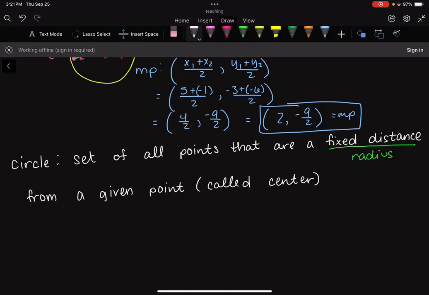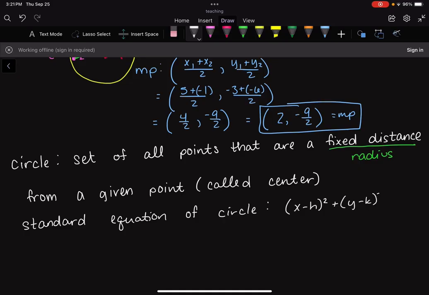So let me give you the standard equation of a circle. And you're going to see it looks super similar to the distance formula. x minus h squared plus y minus k squared equals r squared.